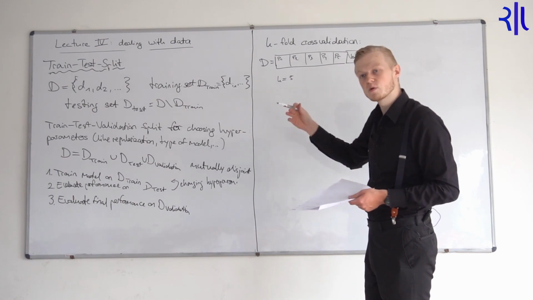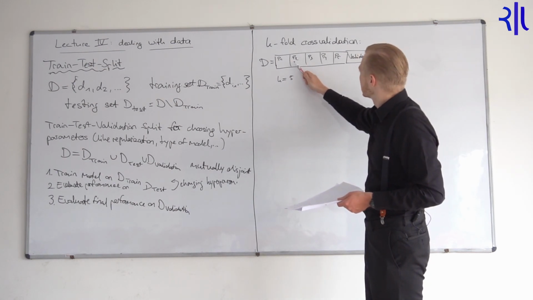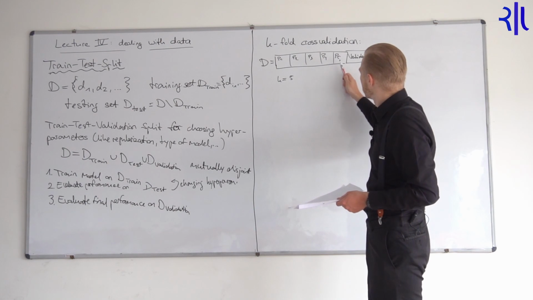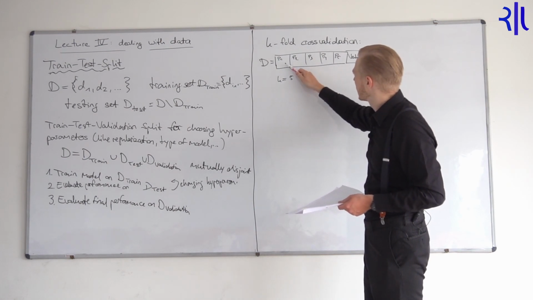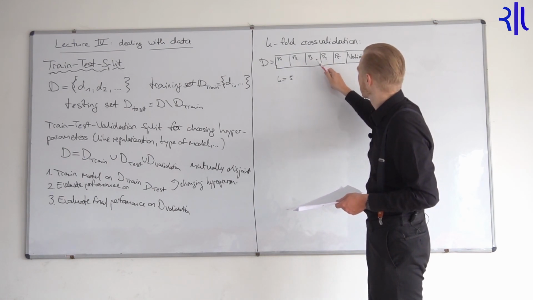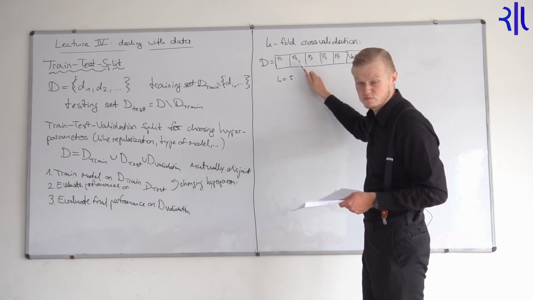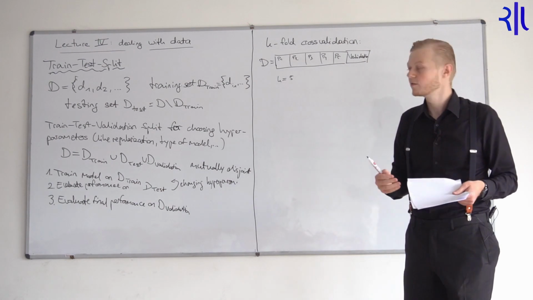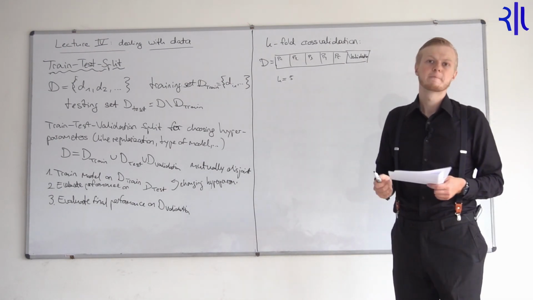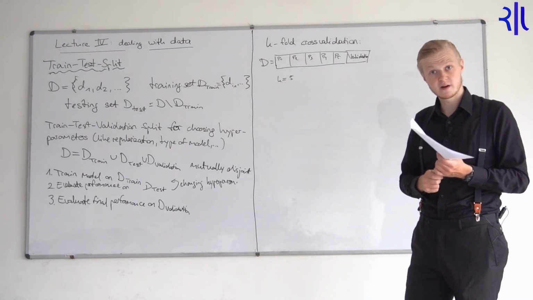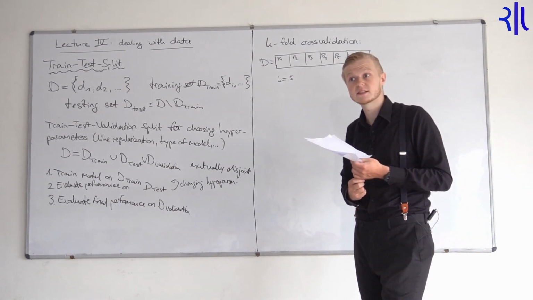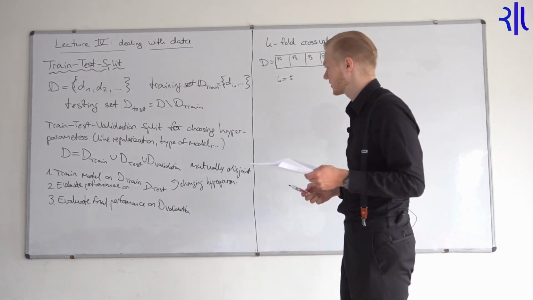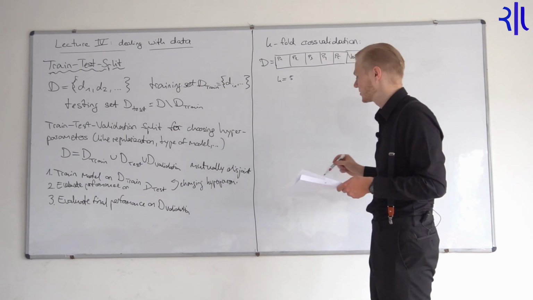Then we retrain the model on P2, P3, P4, P5, and test on P1. Then we train on P1, P3, P4, P5, and test on P2, and so on. So we can actually train 5 models if you have chosen k equals 5 and test 5 times, and we get a better estimate of how well the model performs.